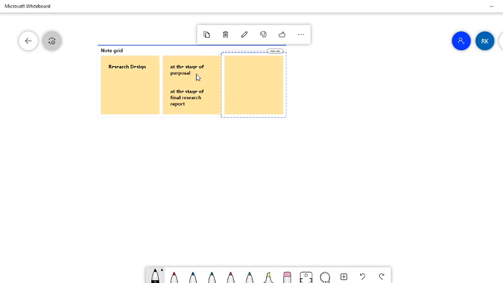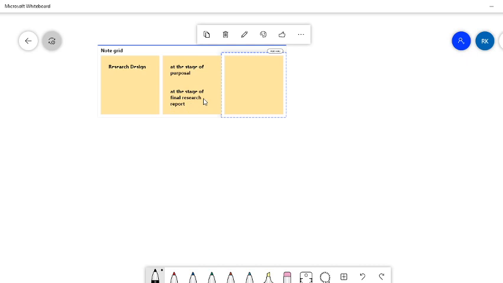If you do not tell how you are going to conduct the research, the other person will not be able to understand how authentic that research is, what its validity is, and how it can be used. On the second stage, it is also necessary to mention the research design.